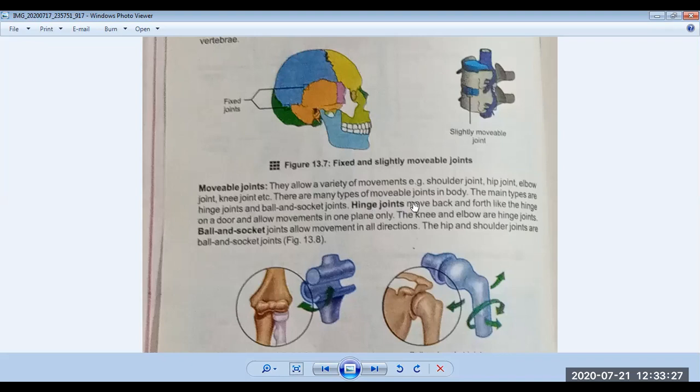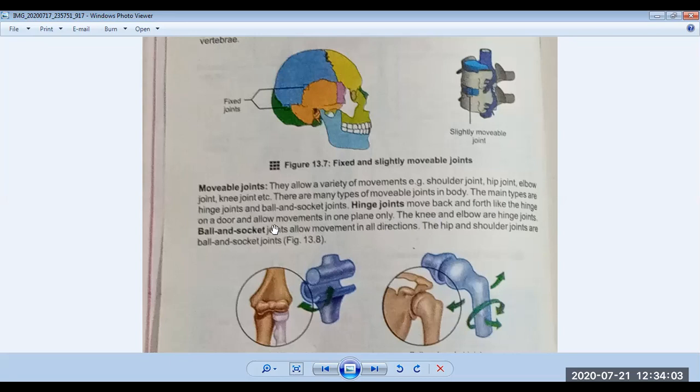Hinge joints move back and forth like the hinge on a door and allow movement in one plane only, in one direction only. Good examples are the knee and elbow, which are hinge joints because they help the movement back and forth.